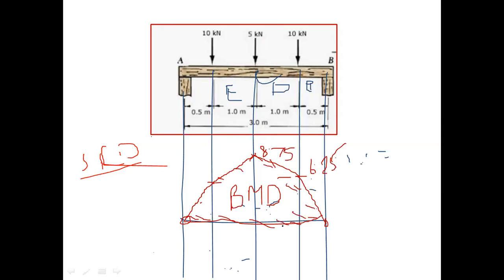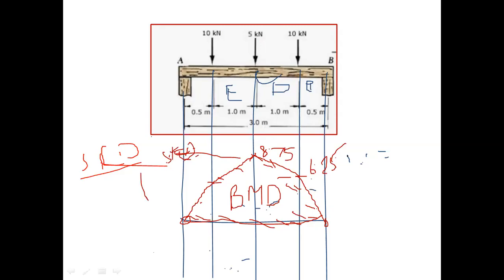It is a simple numerical problem when you draw the SFD and BMD. I think you have understood how to draw the SFD and BMD. Due to shortage of pages, first of all here we draw the SFD, and after that draw the BMD below the SFD.